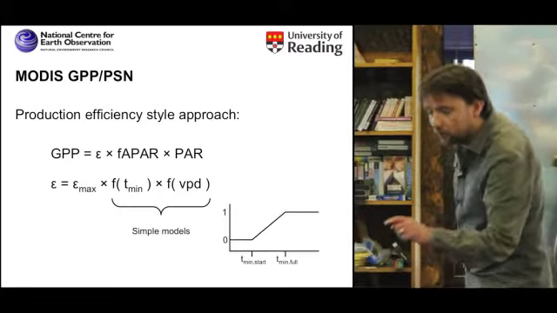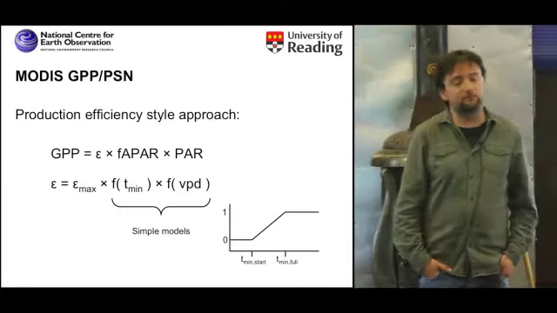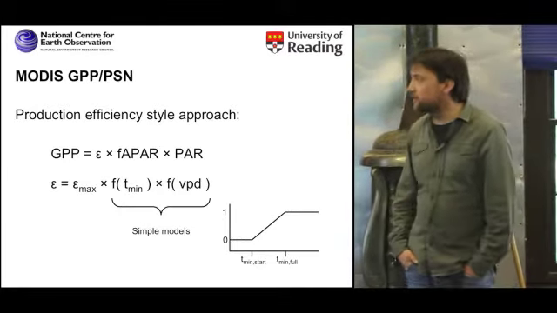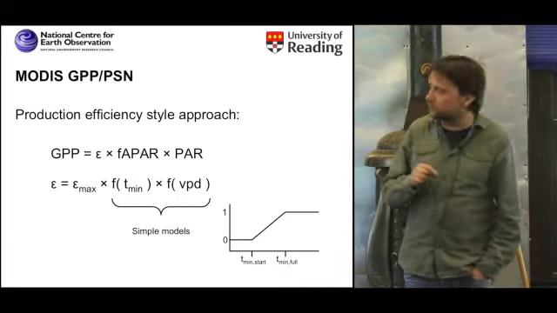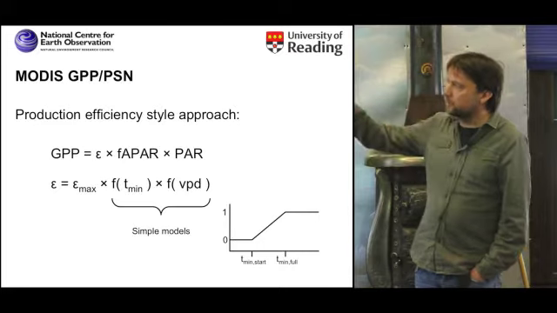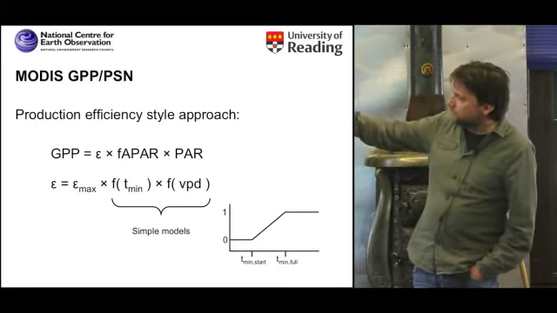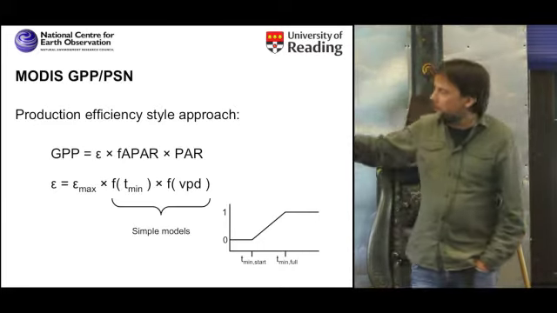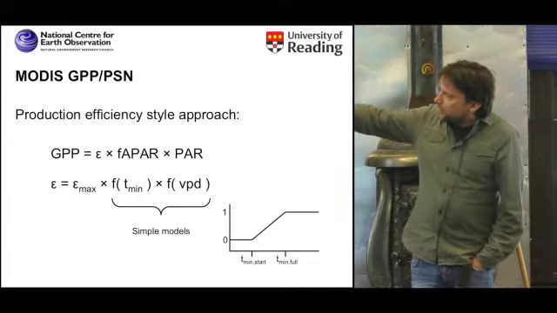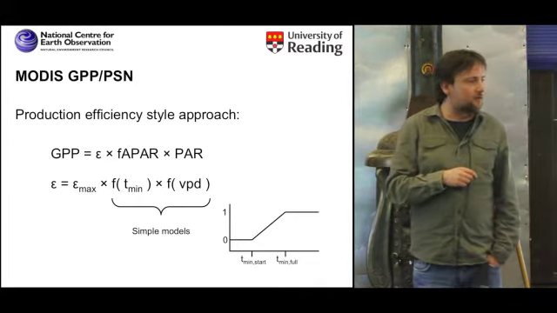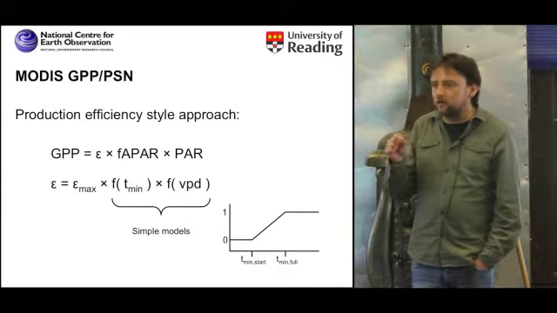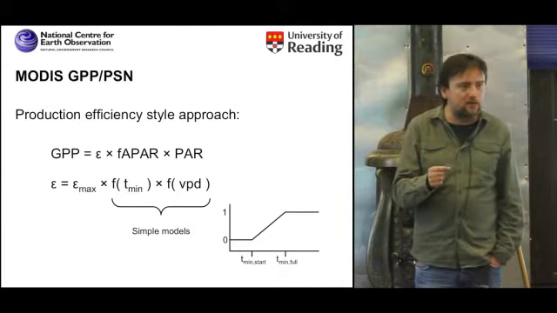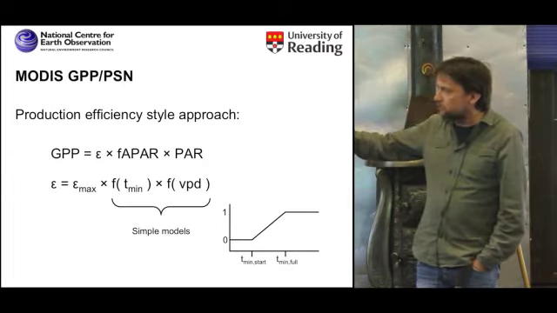What's important to keep in mind is that those scaling functions, and they do just scale that hypothetical maximum, go between 0 and 1. They are very, very simple functions. There's no real understanding of the physiological processes underlying that description.